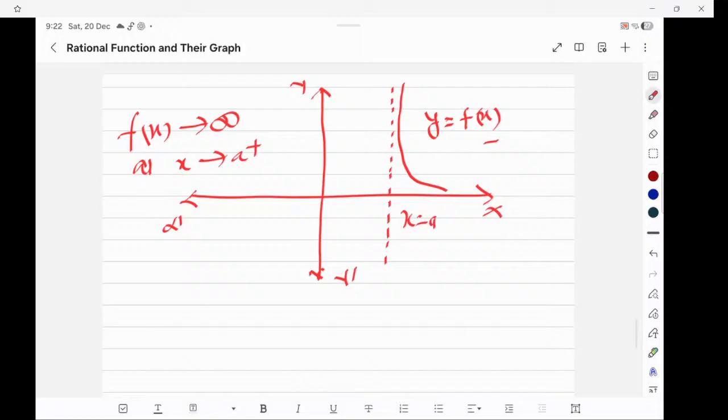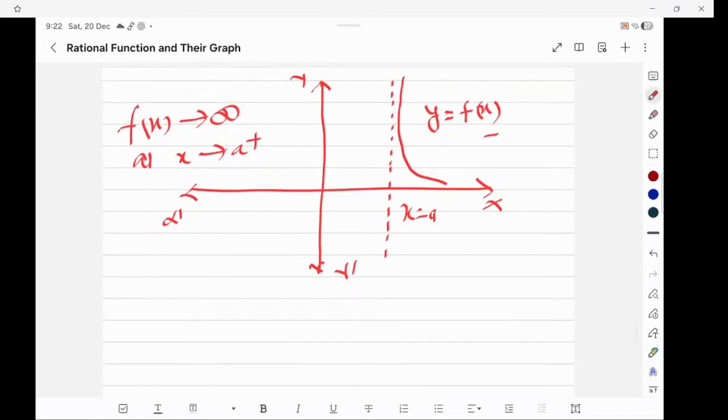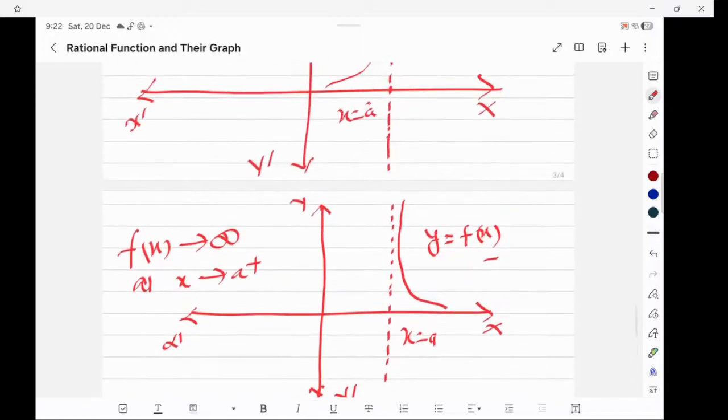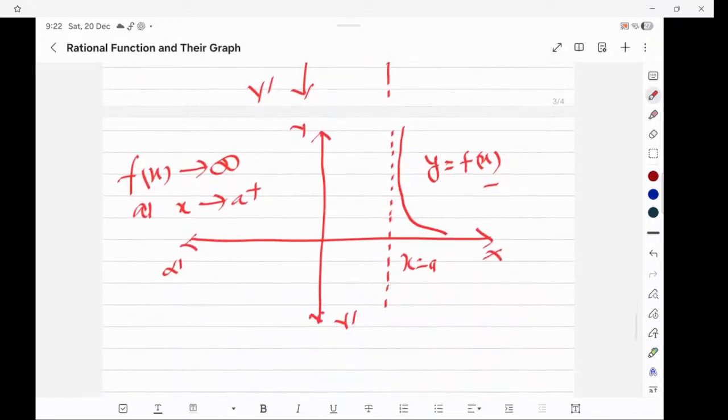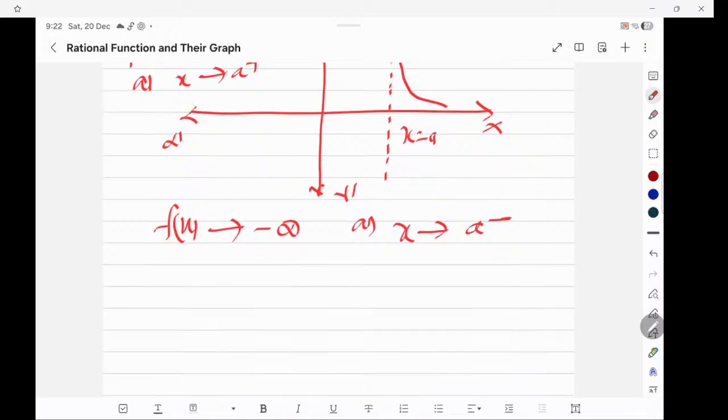So the graph on the right side and the graph on the left side both show f(x) approaching infinity as x goes to a from the left and from the right.